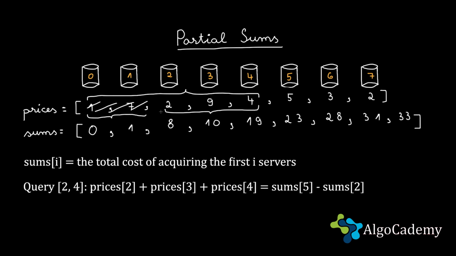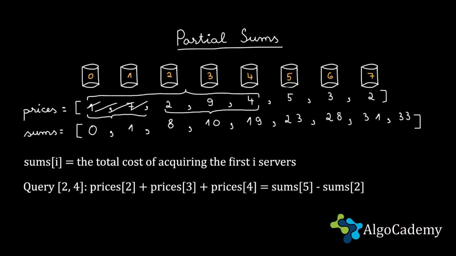So we are basically taking the sum of the first servers from server number 0 to server number right and removing the sum of the first servers starting from server number 0 and all the way to server number 1, right?